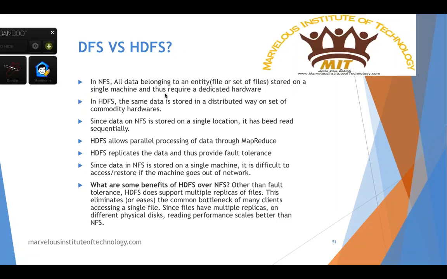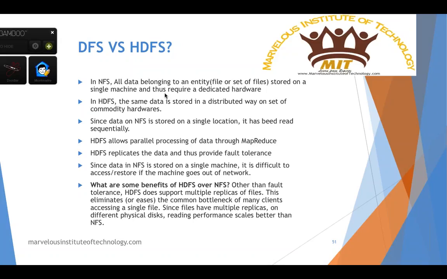And what is the difference between HDFS, the Hadoop distributed file system, and a network file system? As I explained before, in HDFS a block is a bigger block, whereas in a network file system it's a smaller block.